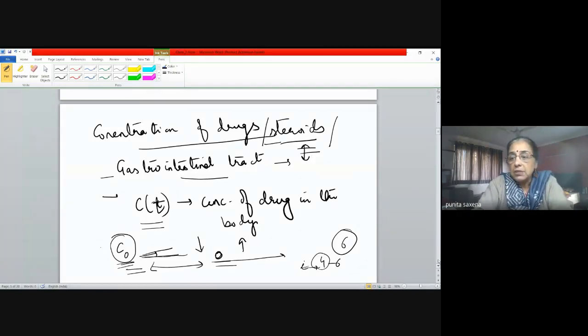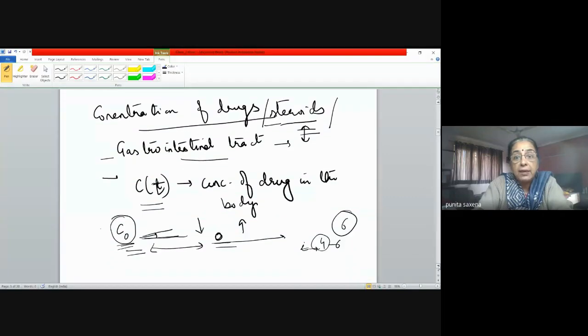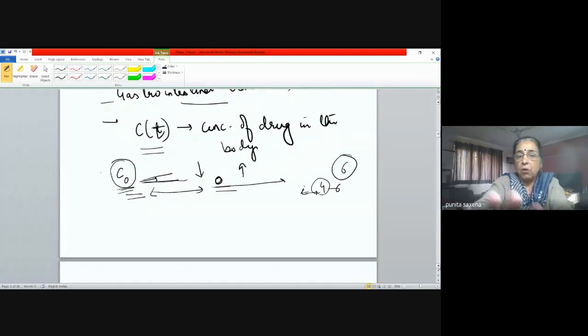Now, the point is, all this, a pharmacist or a medical expert is going to tell you that this is the concentration function and everything else. Now, as a mathematician, you have to say when will C(t) be maximum or minimum, like when will it have an effect?